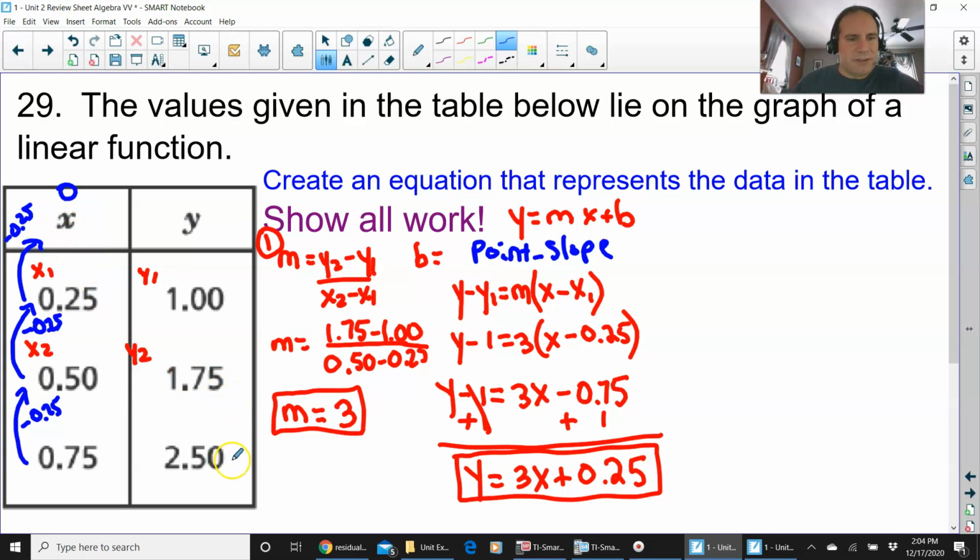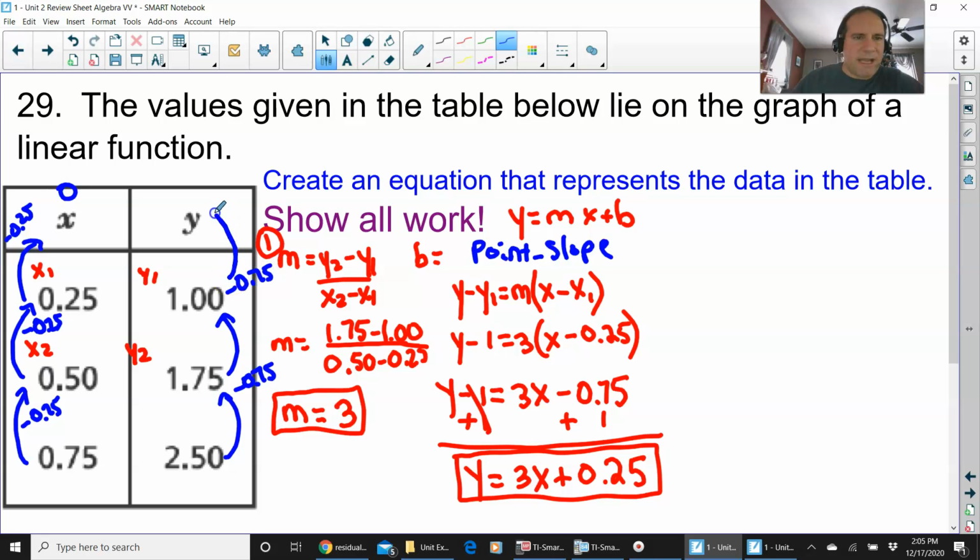So let's see what is happening here though. We're subtracting 0.75, and then we're subtracting again 0.75.